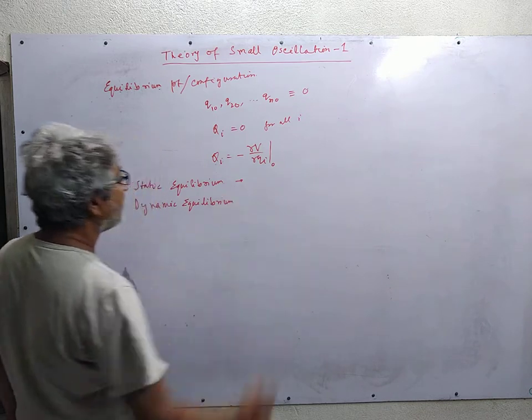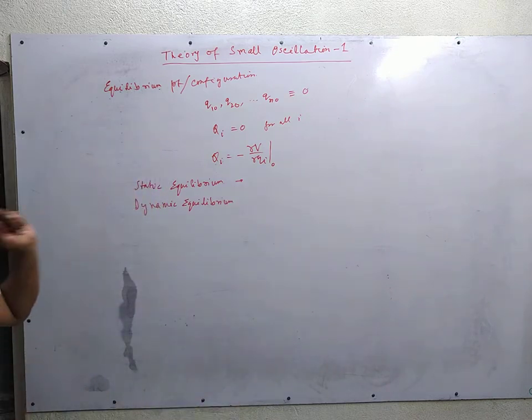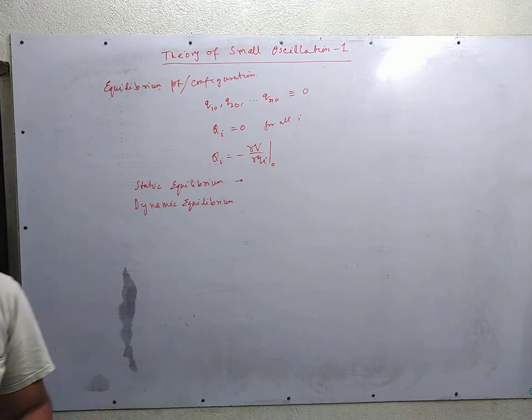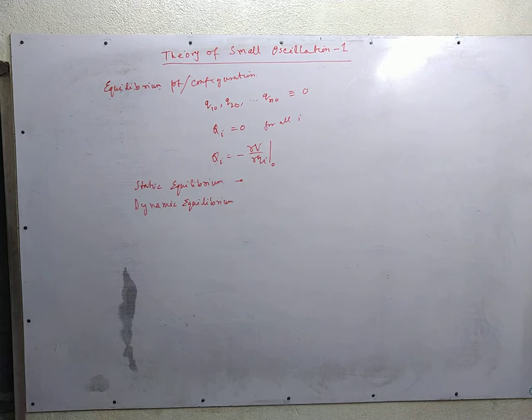In static equilibrium, the system is in an equilibrium state with zero kinetic energy, and at the same time the immediate neighborhood of the system is also in equilibrium.